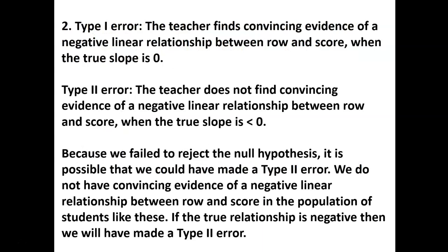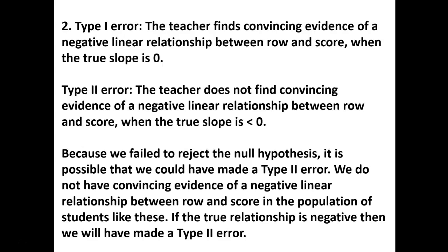All right, so it did ask some other questions about errors. A type 1 error is where the teacher finds convincing evidence for a negative linear relationship between row and score when the true slope really is 0. And a type 2 error, remember, would be that a teacher does not find convincing evidence for a negative linear relationship, but actually it is the truth.